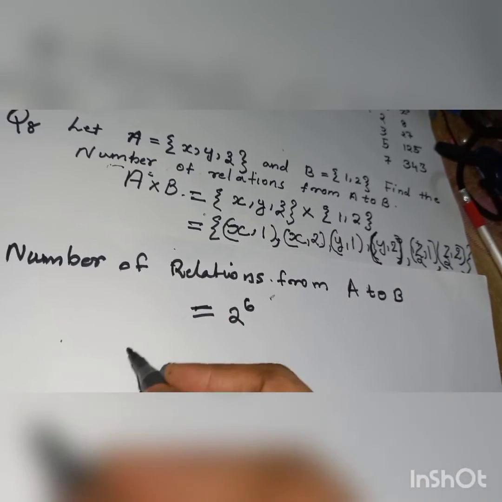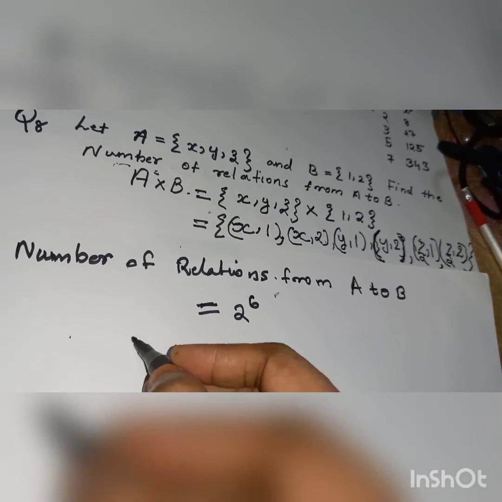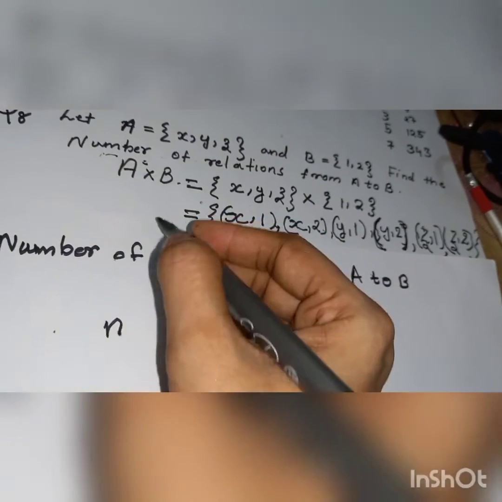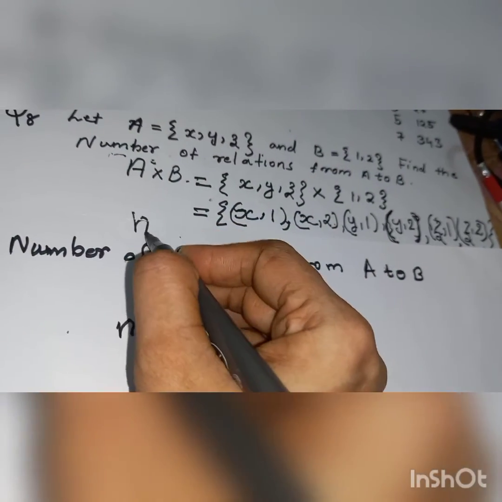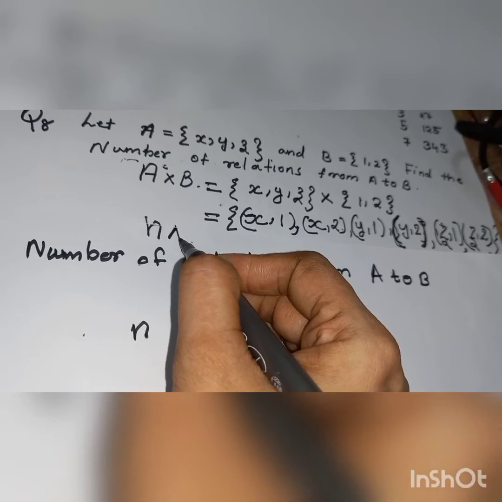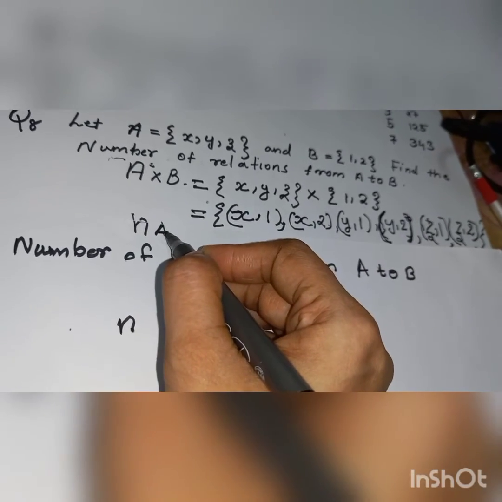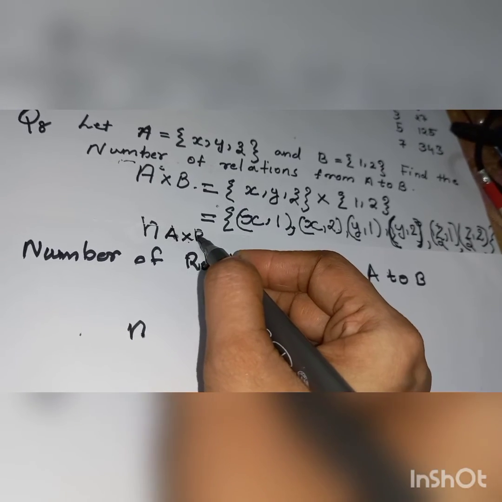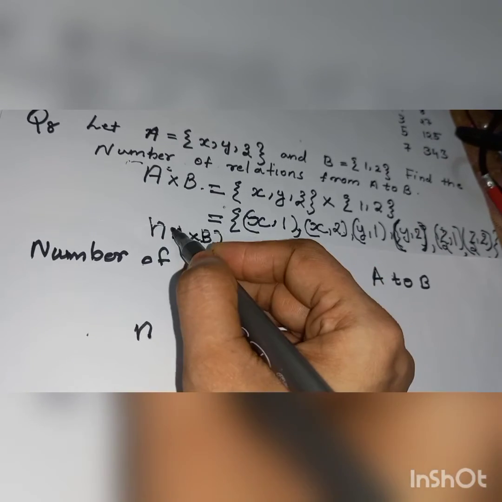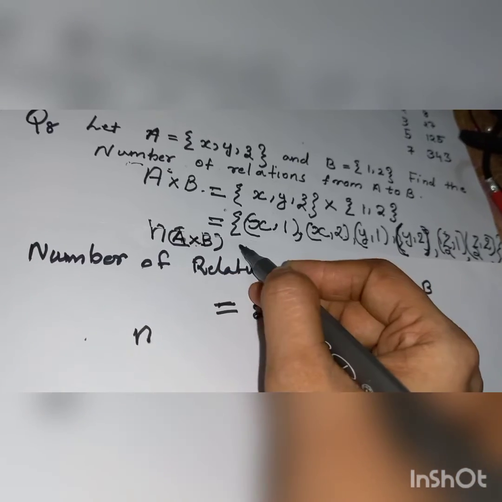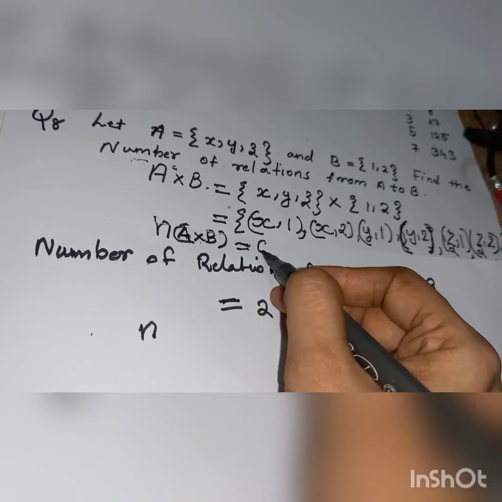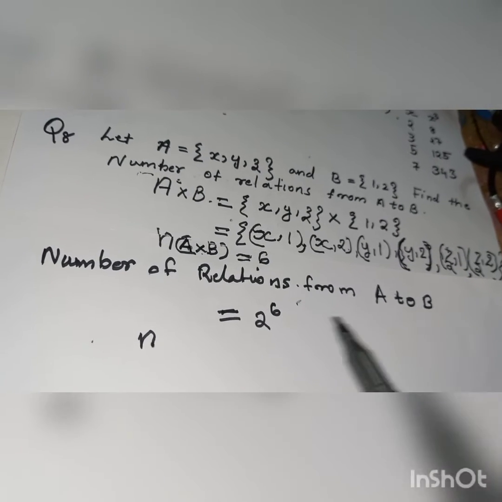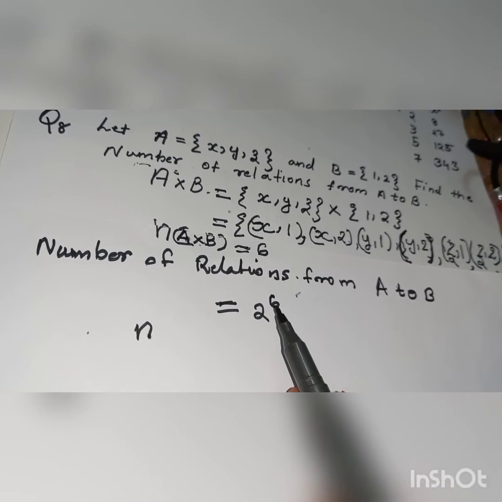That is, the number of relations from A to B. We already know that the number of elements in A cross B is 6. So the number of relations from A to B is equal to 2 to the power 6.